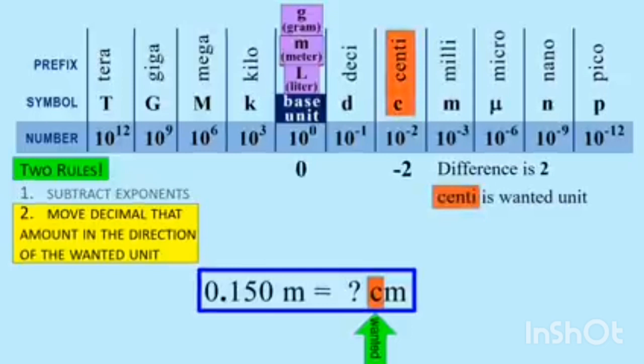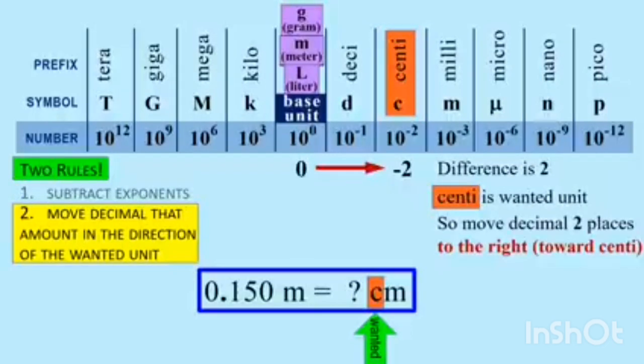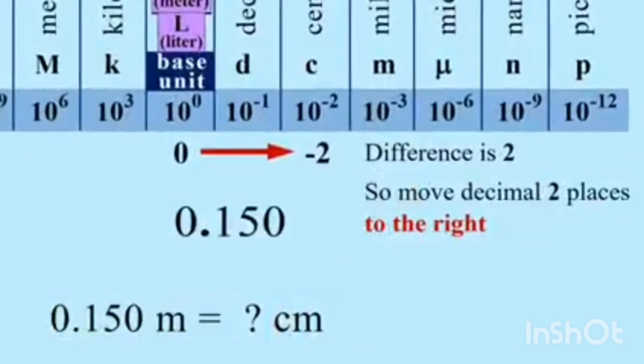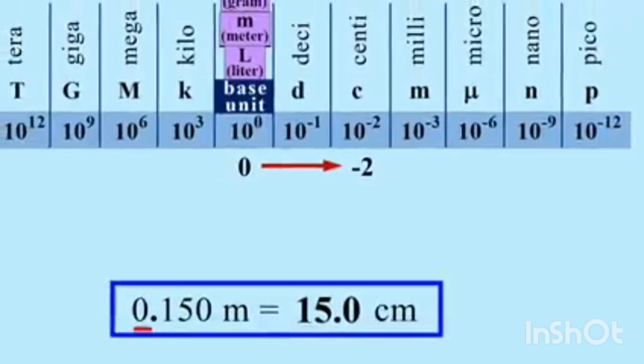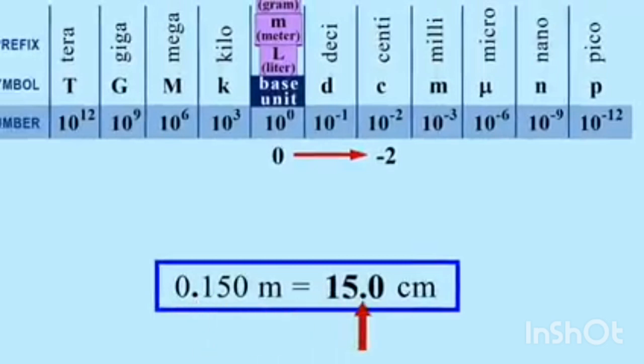Centi is wanted, so move the decimal 2 places to the right, which is toward centi. Beginning with 0.150, the decimal is moved 2 places to the right, giving 15.0 centimeters. 0.150 meters is equal to 15.0 centimeters. We have moved the decimal 2 places to the right.